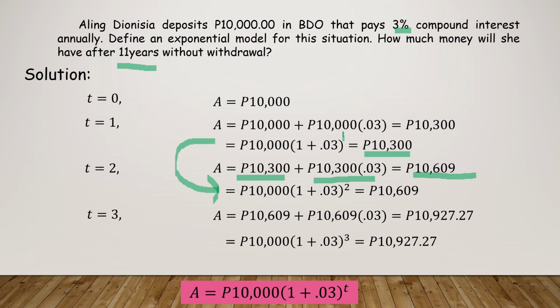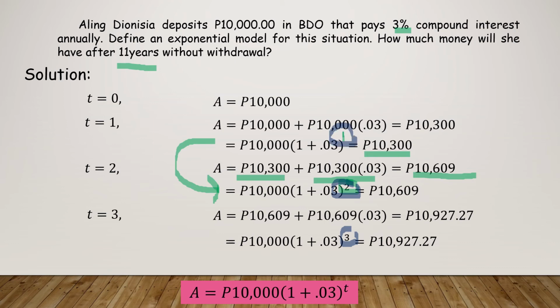Therefore, etong mga exponent natin ay nagre-represent ng ating time, which is 1, 2, and 3.